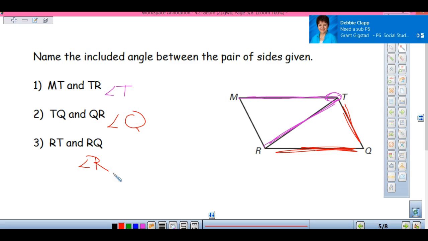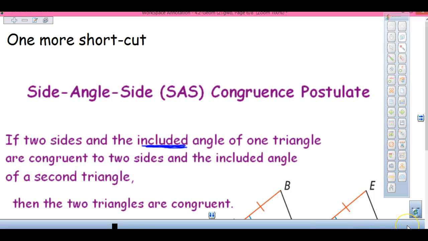Now, the reason why we had to talk about that is because we can also use the shortcut side, angle, side. If you have two sides and the included angle, it's got to go in the order of a congruent side, then an angle, then a side.